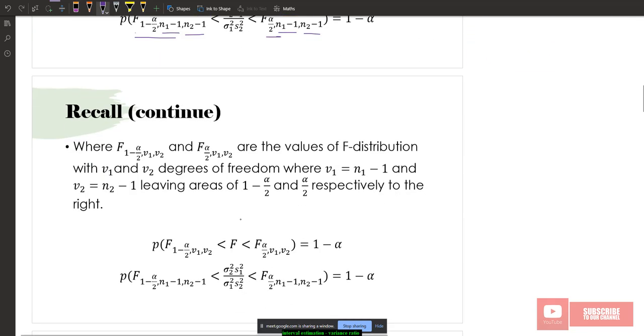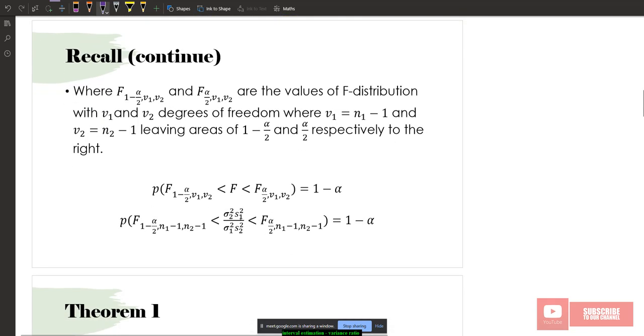So now, f 1 minus alpha divided by 2, v1 and v2, and f alpha divided by 2, v1 and v2, are the values of the F distribution with v1 and v2 degrees of freedom, where v1 is n1 minus 1 and v2 is n2 minus 1.